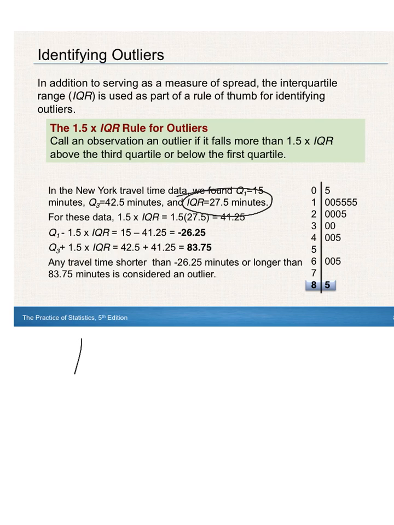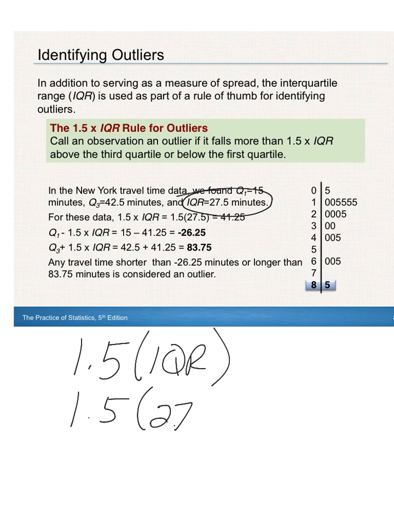So we're going to find what 1.5 of that interquartile range is. We're going to do 1.5 of 27.5, and that number is 41.25.